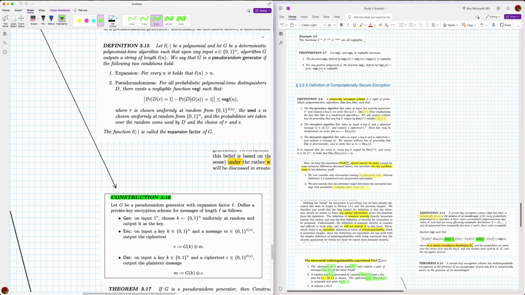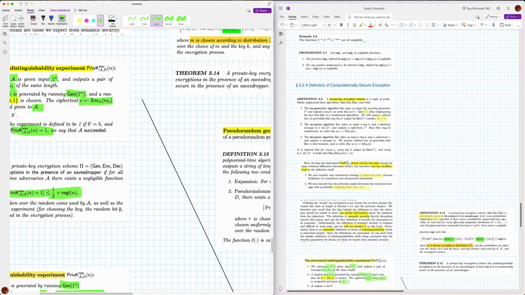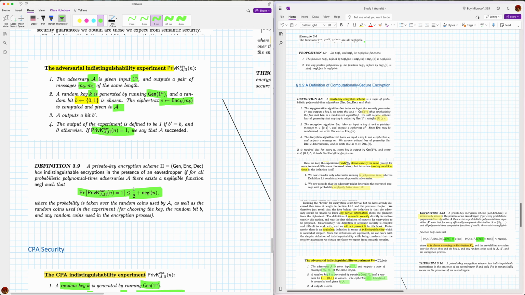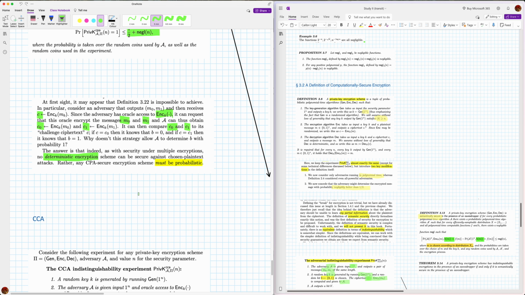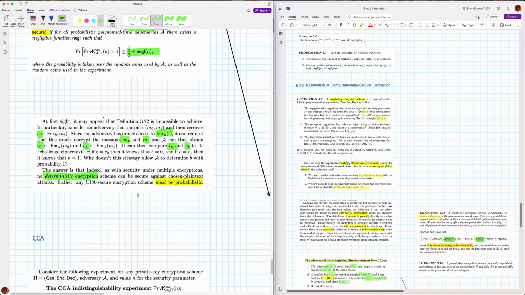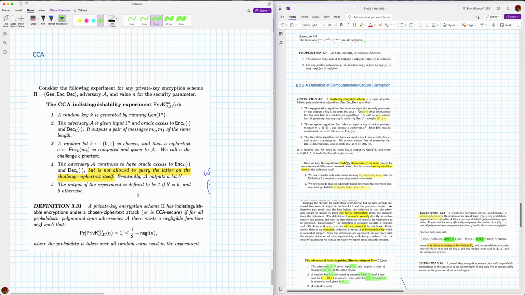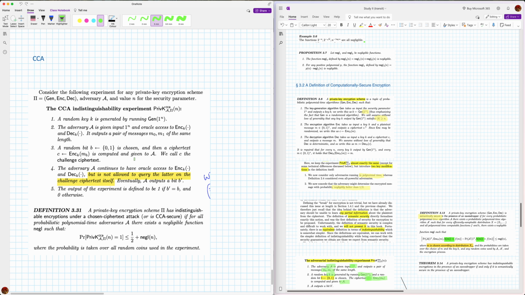Before we look at the constructions, we look at one final model of security, which is the CCA model of security. The challenger, as before, samples the key K by running Gen on 1 to the n.